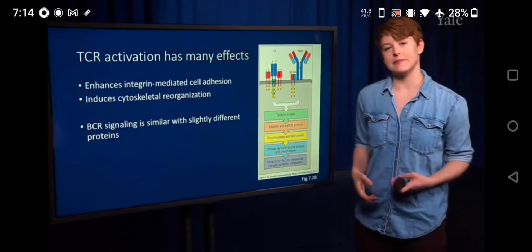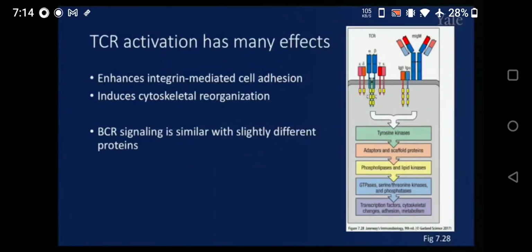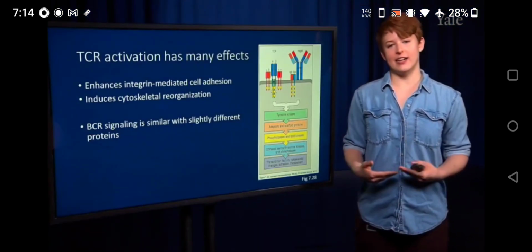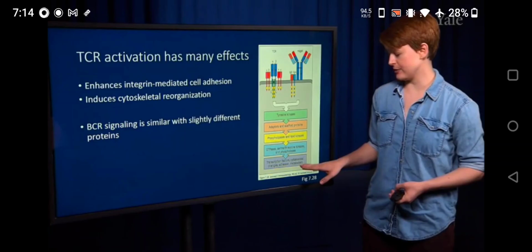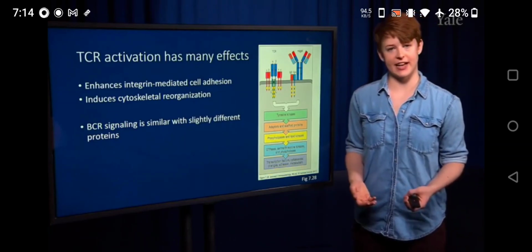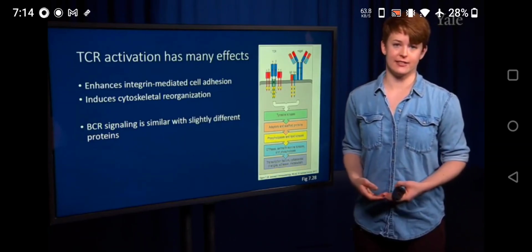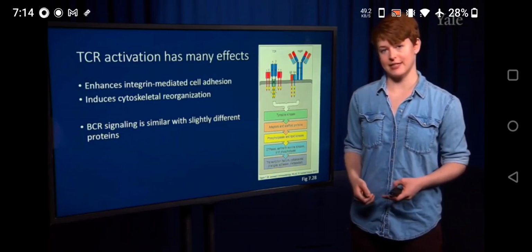And this causes changes in those downstream mediators, which could be GTPases, additional kinases, or phosphatases. And then finally, this whole long cascade leads to changes to transcription factors, cytoskeletal components, or cellular metabolism.